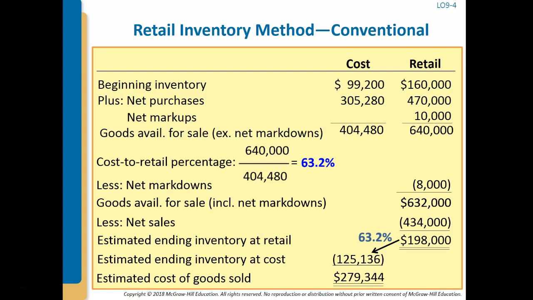It should be emphasized this approach provides only an approximation of what ending inventory might be as opposed to applying the lower of cost or market rule in the more exact way we talked about earlier. Notice also that the ending inventory at retail is the same using both approaches, $198,000. This will be the case regardless of the cost flow method used, because in all approaches, the amount reflects the ending inventory at current retail prices.